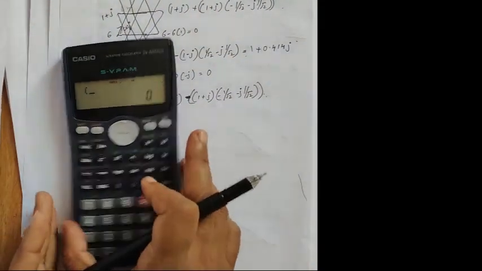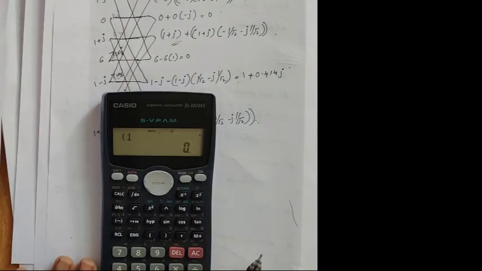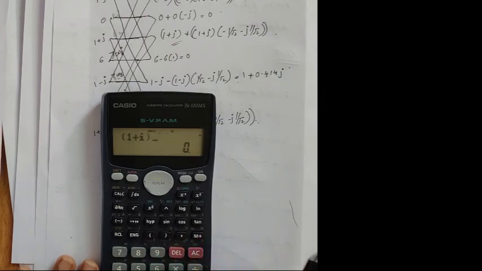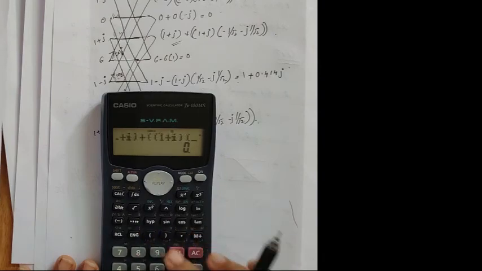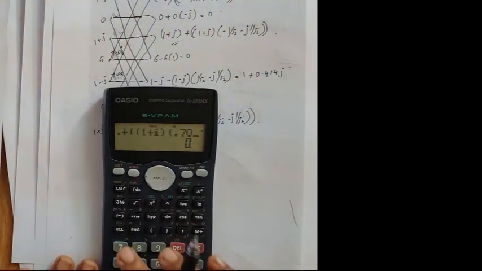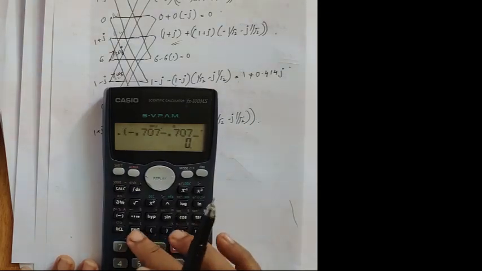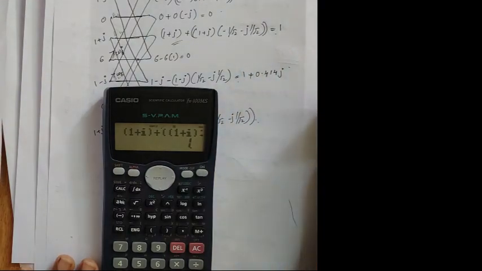Bracket open, 1 plus I close bracket plus double bracket 1 plus I into minus 0.707 minus 0.707 I equal to, you will get 1.